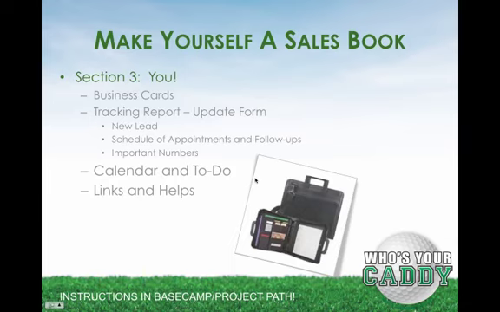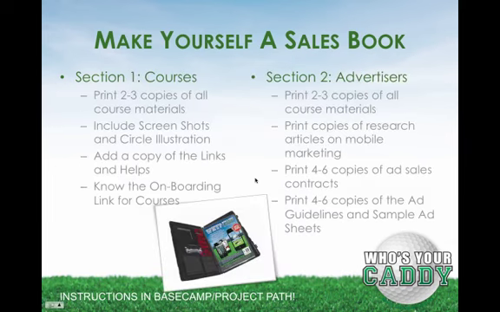Very simple. And I will tell you, my sales kit looks much like, if you've ever bought anything that you had to put together, and it comes with that manual. If you're looking at it in one direction, you're seeing English. If you flip it over and upside down, it's in Spanish or Japanese or something. Well, that's what my course and my advertiser sections are like.